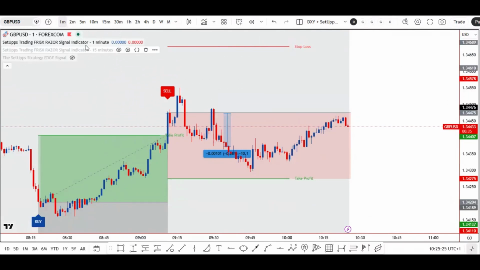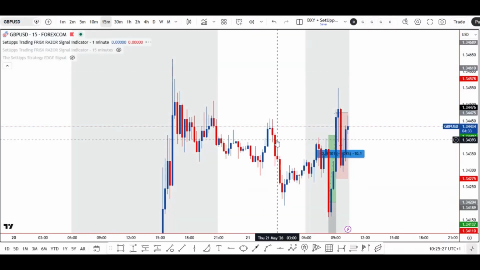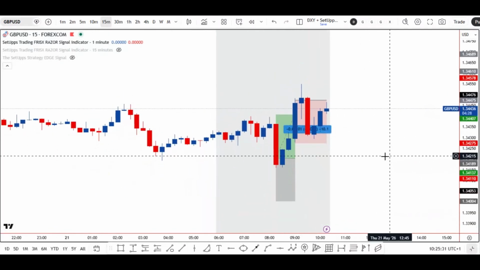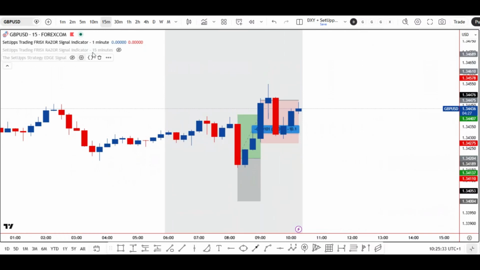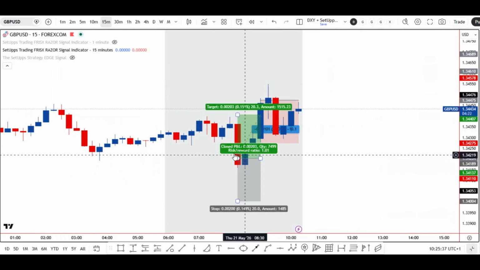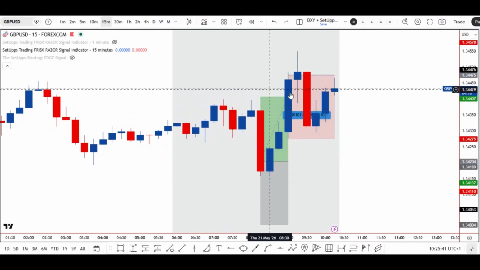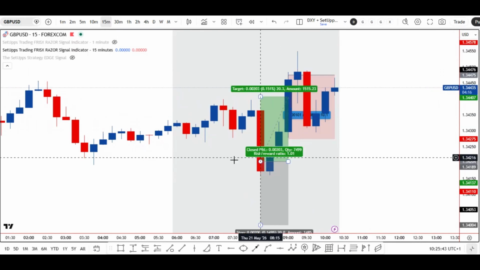Now, if I should change this to the 15 minutes chart, I'm going to change it to the 15 minutes chart, and I'm going to change this to the SetUpps 15. As you can see, no signals have been triggered today.